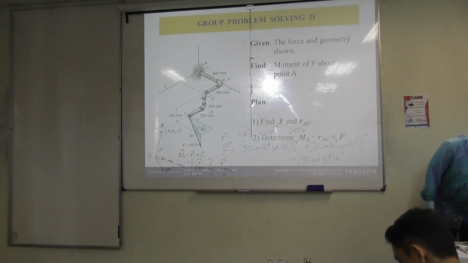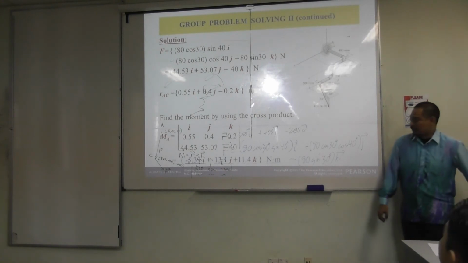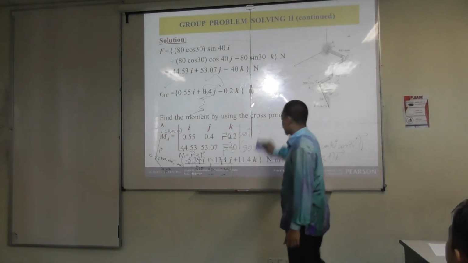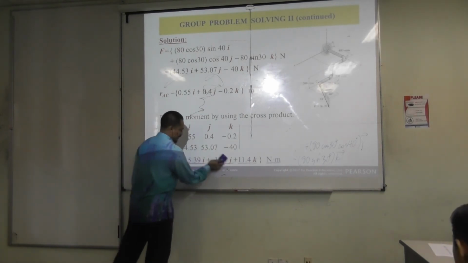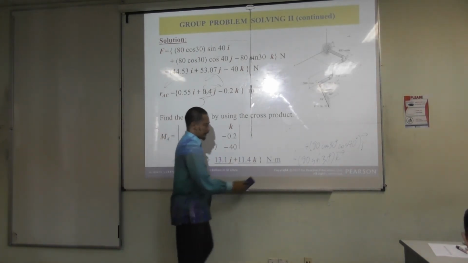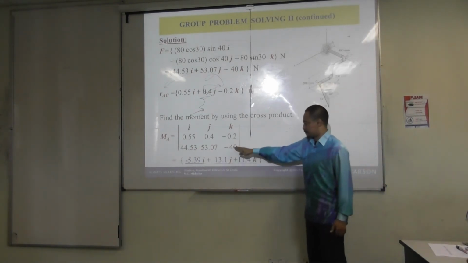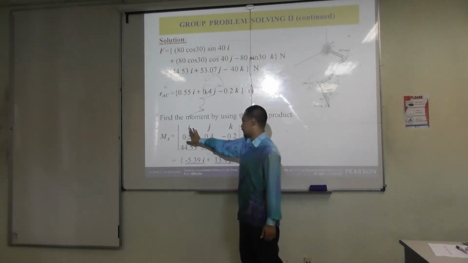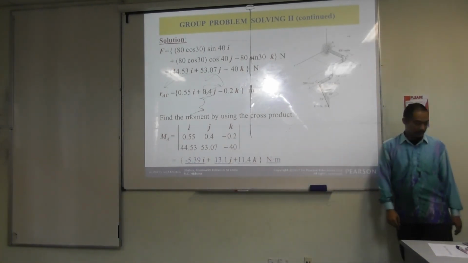I think you can see the solution and the other one. Of course, in the exam you cannot do this, right? Because, as mentioned, the mathematical part also carries marks. From here you have to show whatever method for the i, j, k before you suddenly get your answer there.